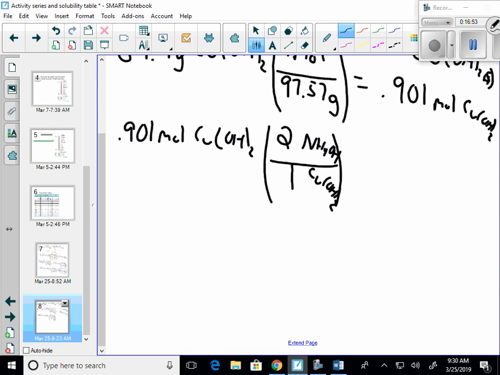So that means I multiply by 2. Sig figs wise, that should give me 1.80 moles of NH4OH. And again, because I don't have a lot of space, I'm going to rewrite this. Perhaps you're just working left to right.